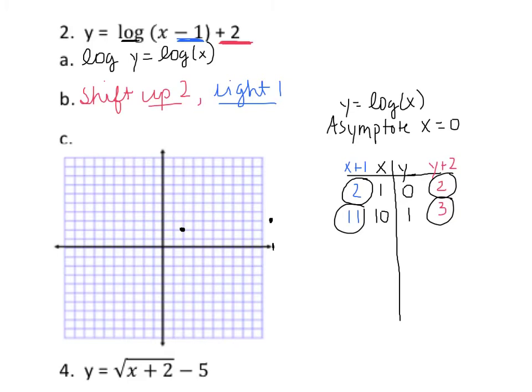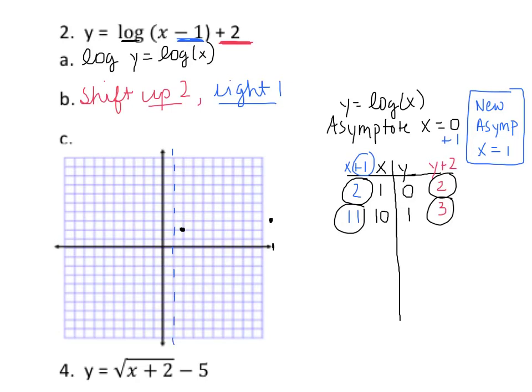Okay, so if at x equals 0 there was an asymptote, now we're going to add 1 to that because of this right here, and that's going to move our asymptote to now be at x equals 1. So our new asymptote, I'm just going to abbreviate that, is now going to be at x equals 1. So I want you to put that on there as well. So we're going to draw a dotted line at x equals 1.